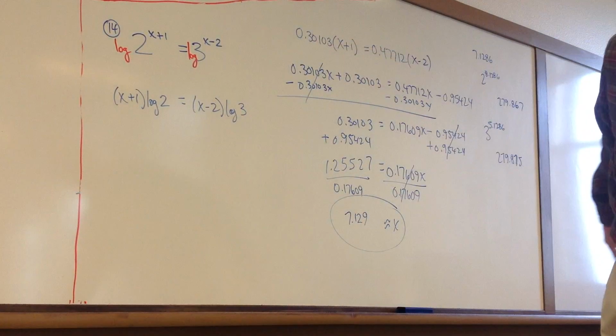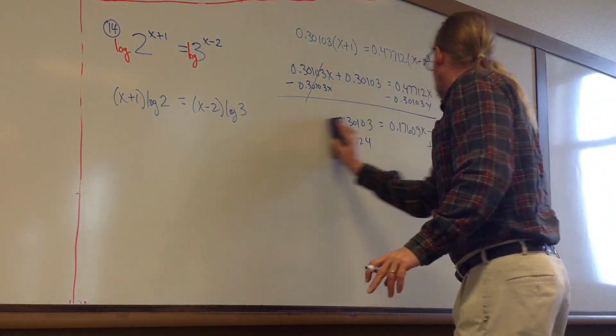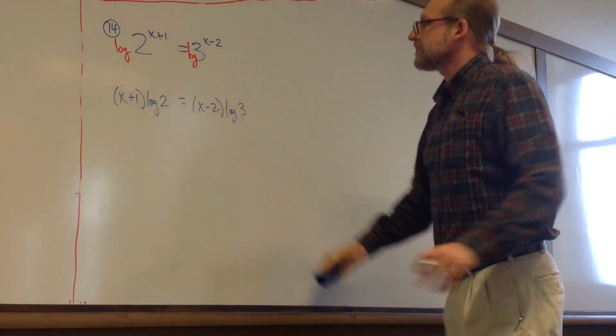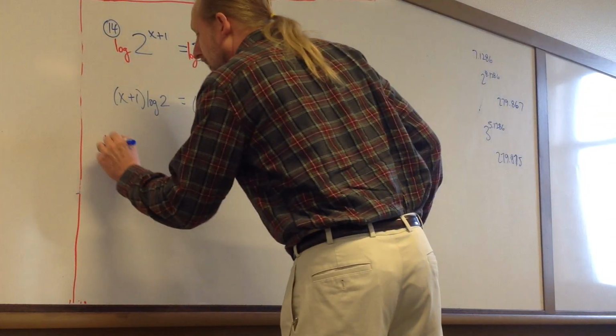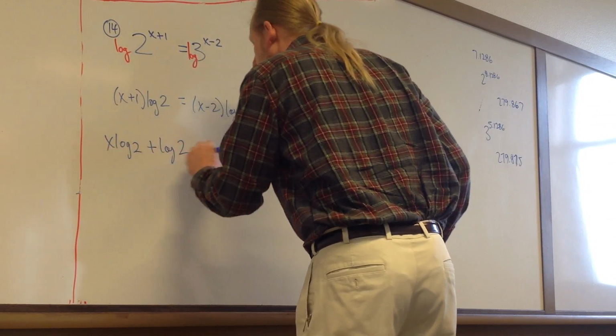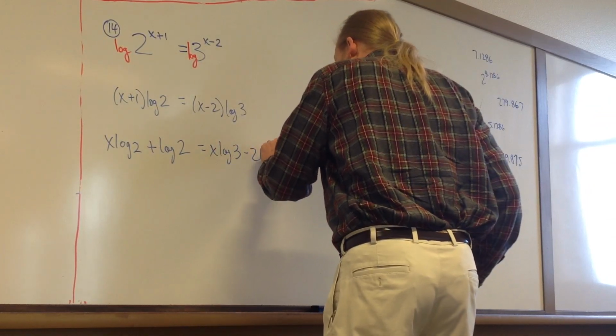All right, let's back up and take a look at what would happen if we held on to these logarithms and just solved it like that. So this would be x log 2 plus log 2 equals x log 3 minus 2 log 3.